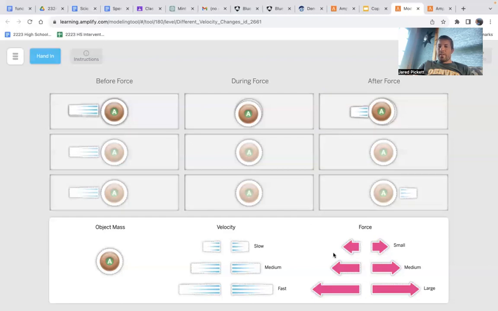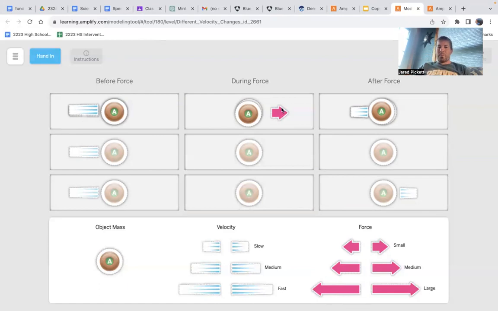And then I had many kids that ended up having a force that looked like this, maybe on this side too. It really doesn't matter what side it's on, but if I read this, I have an object with a medium amount of velocity, so it's going medium speed, if you will, that encounters a force in the same direction that it's moving.